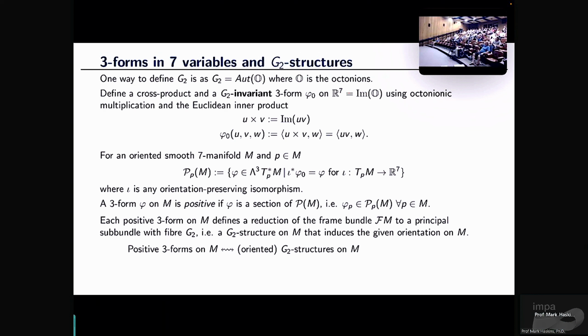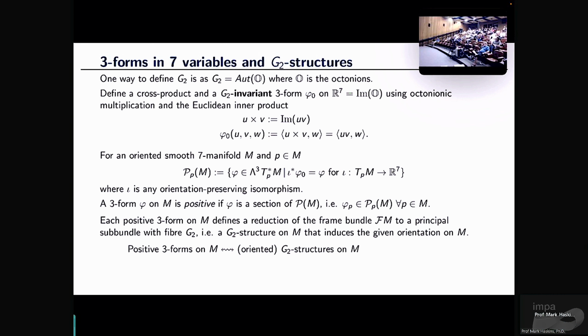And then a 3 form on a 7 manifold is positive if it's a section of this bundle, so at every point it belongs to that space. Every time I have a positive 3 form, that defines a reduction of the frame bundle of your manifold to a principal subbundle with fiber G2. In other words, we get a G2 structure on M that induces the given orientation. So we can think of positive 3 forms and oriented G2 structures on M as the same thing.